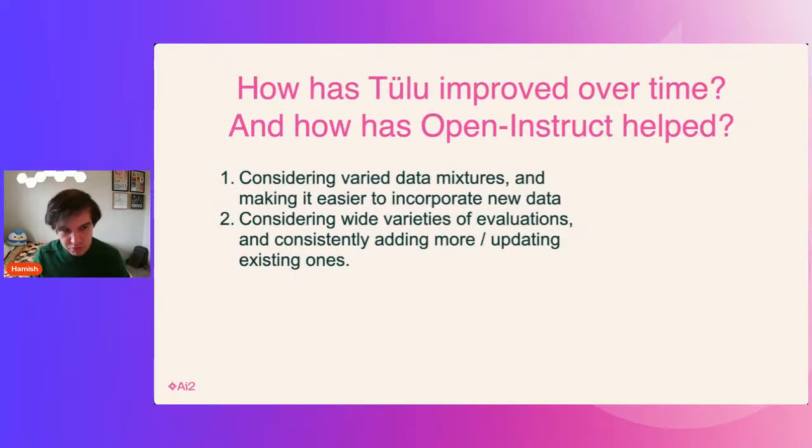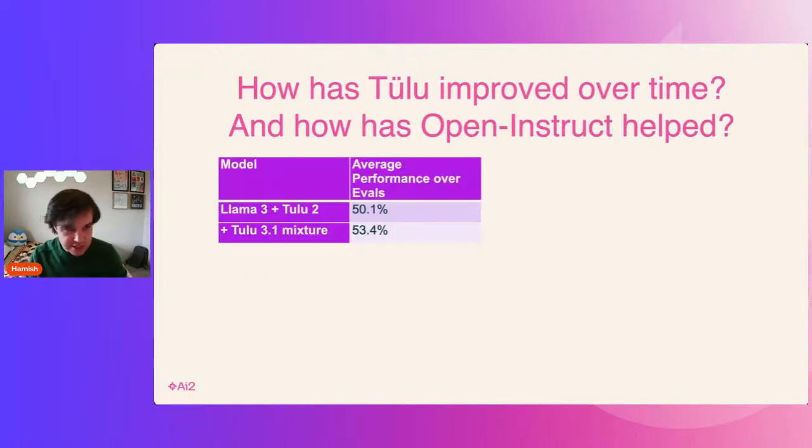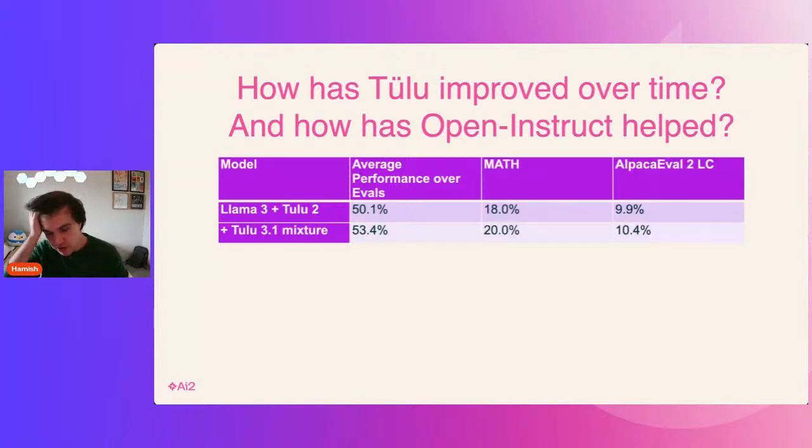So considering wider varieties of evals and making it easy to add more or update existing ones where possible. And there are some evals that we're tracking particularly a lot right now. If I go back to the table I had before, two evals that have been very interesting for me to track are MATH, which is harder math problems, and Alpaca eval 2, which I've also talked about a bit.